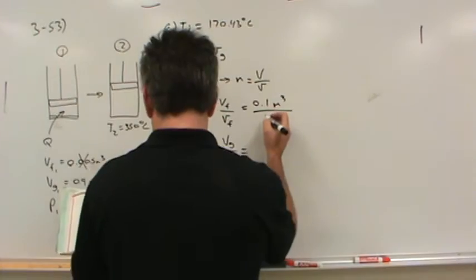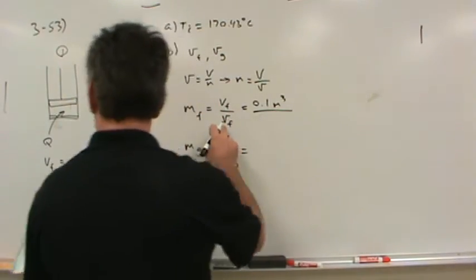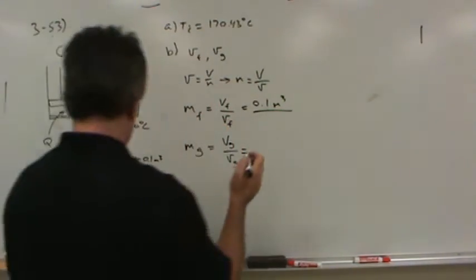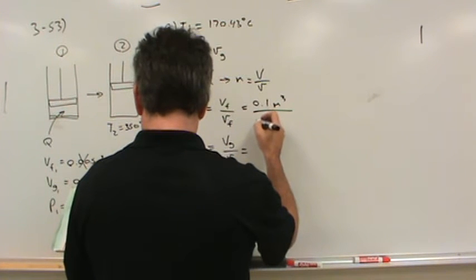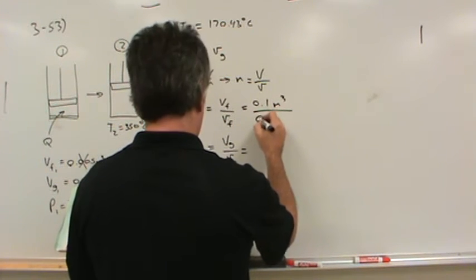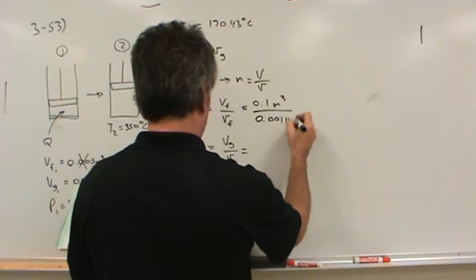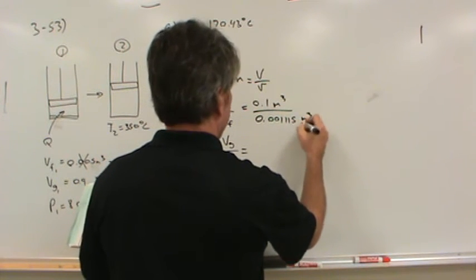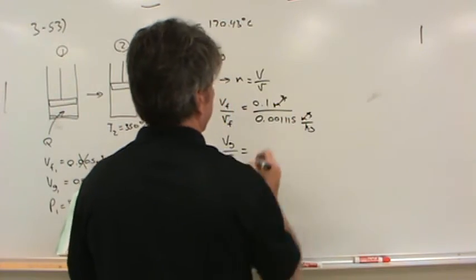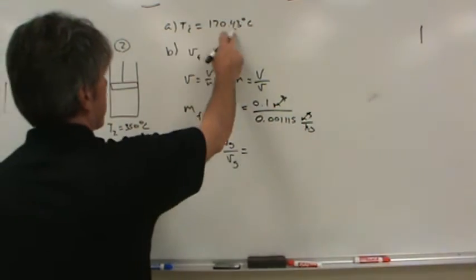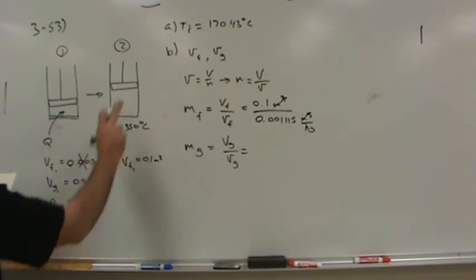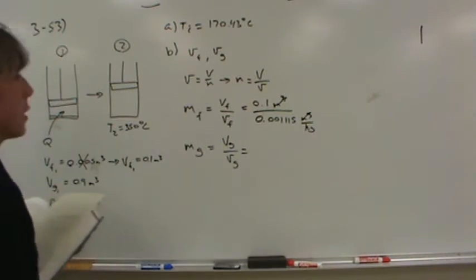But the principles are still the same. So the specific volume of saturated liquid at 800 kilopascals instead is 0.001115 cubic meters per kilogram. Notice the cubic meters go away, we'll just be left with kilograms of liquid. Also, that 170.43 would be the saturation temperature at 800 kilopascals.